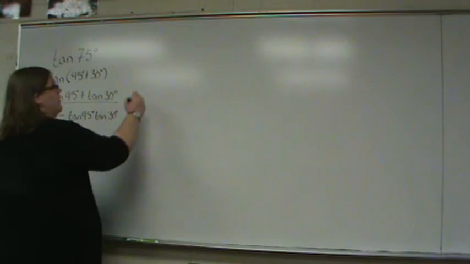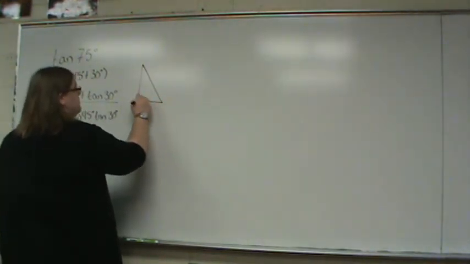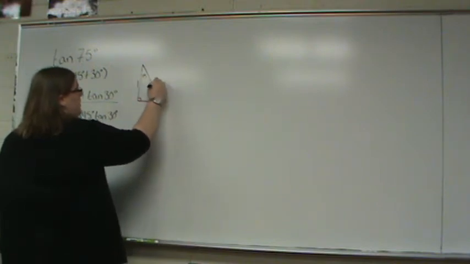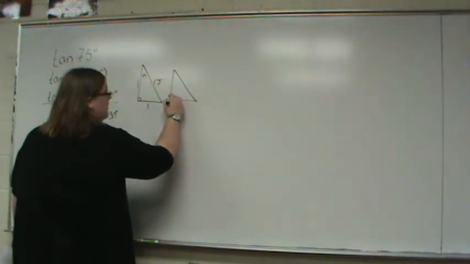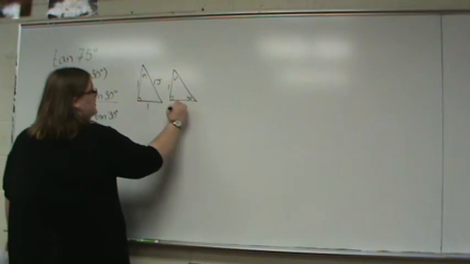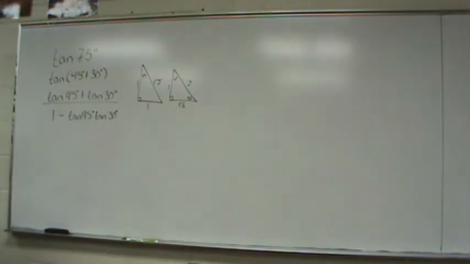Now if you don't remember what those are, draw your triangles. So there is our 45, 45, 90 triangle and our 30, 60, 90 triangle.